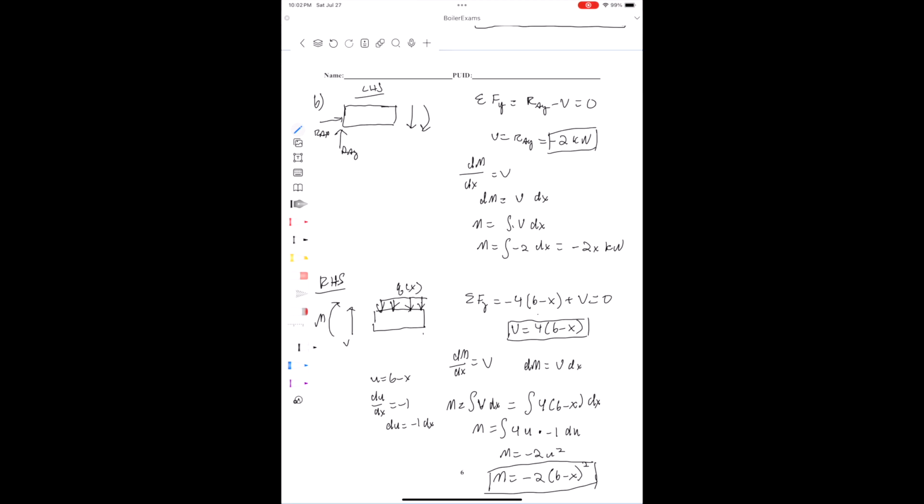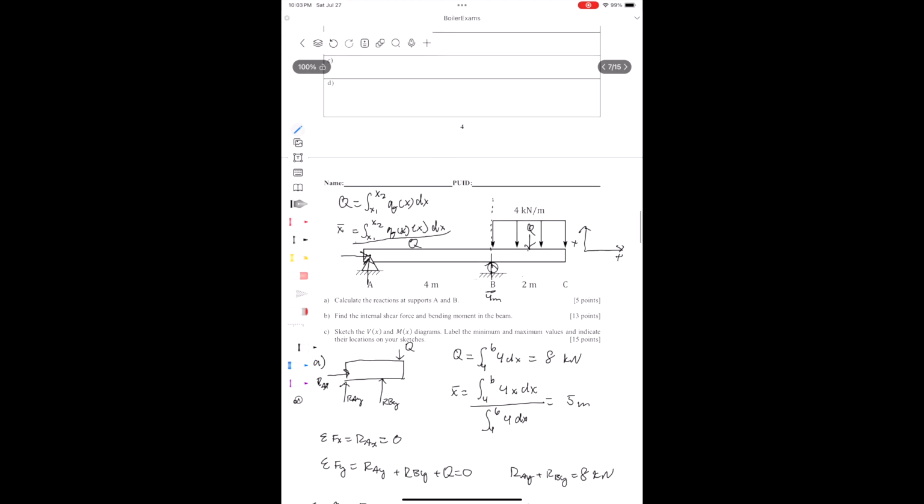All right, but regardless, we now have our 4 equations, so let's go ahead and build our diagrams.